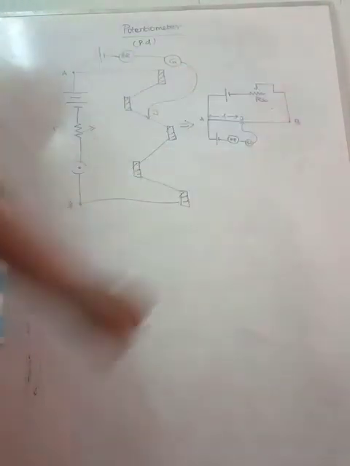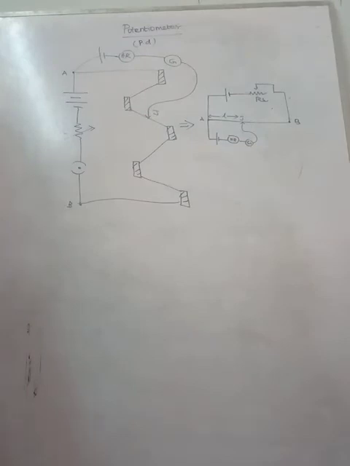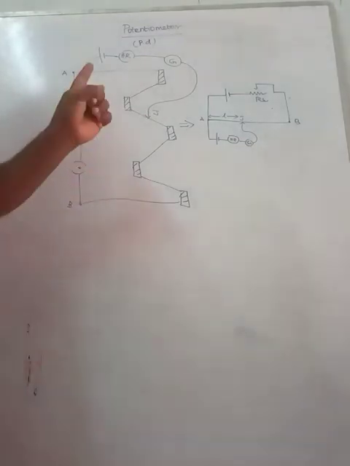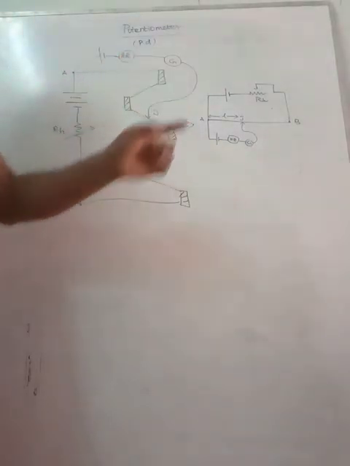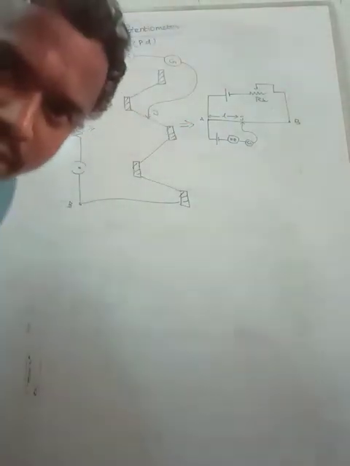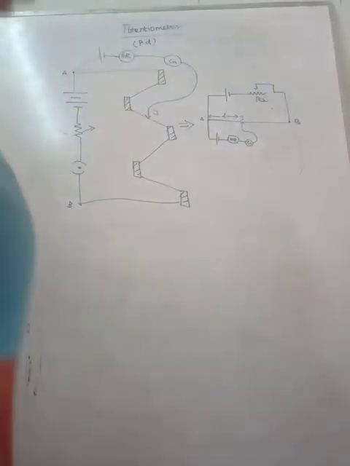The main difference between the meter bridge and the potentiometer: in the meter bridge only one battery will be used, but here we can find two batteries.